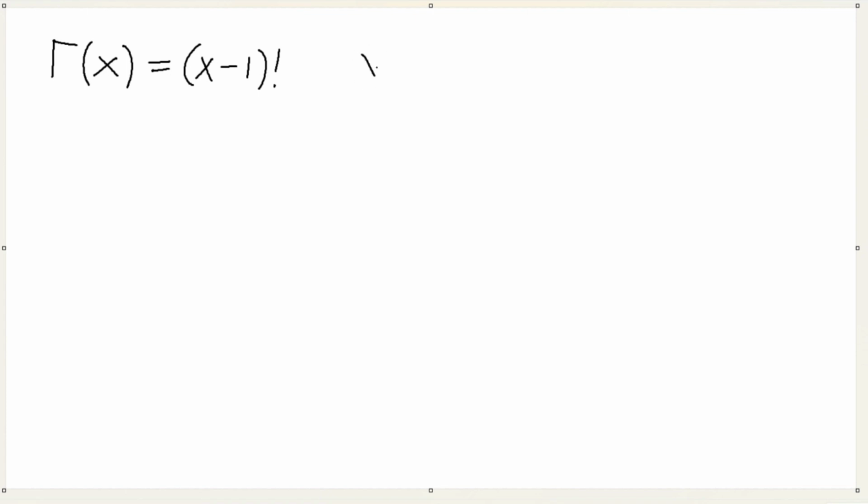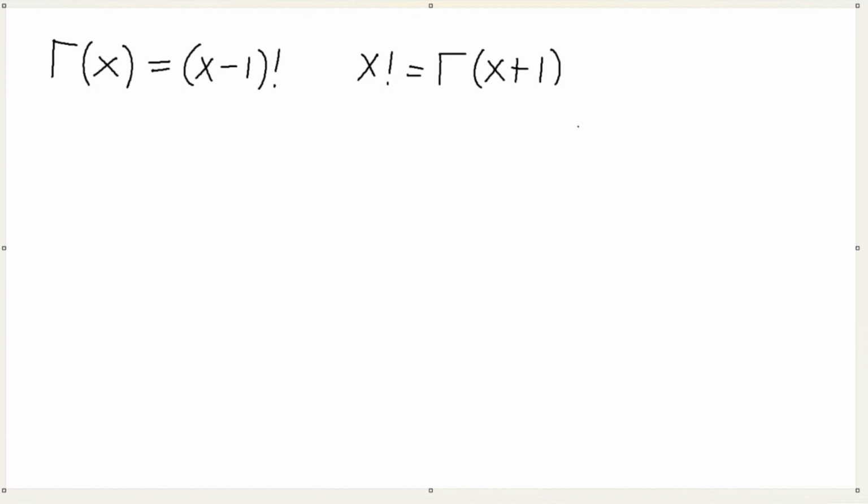If you want x factorial, then this would be the gamma of x plus 1. So just be very careful about that.